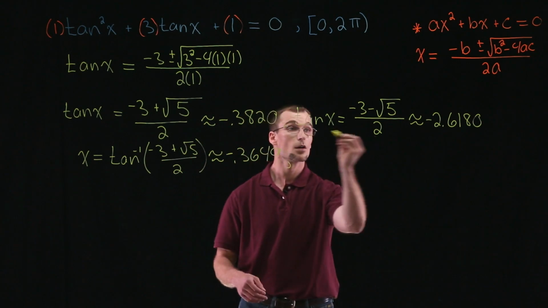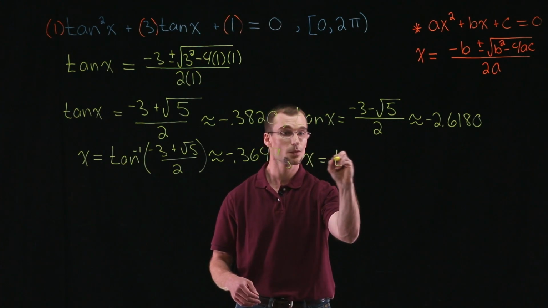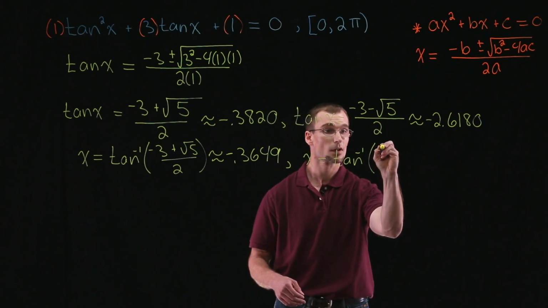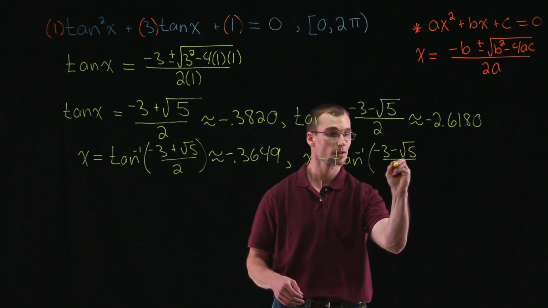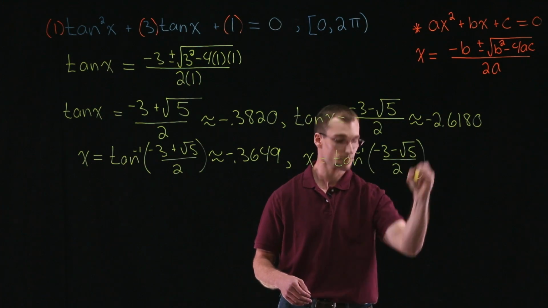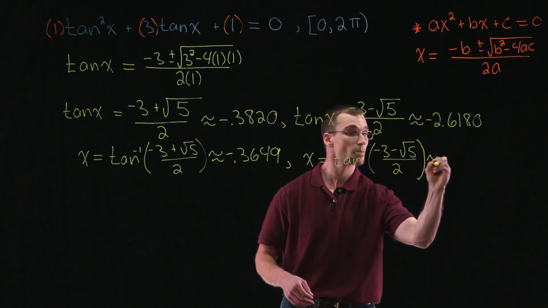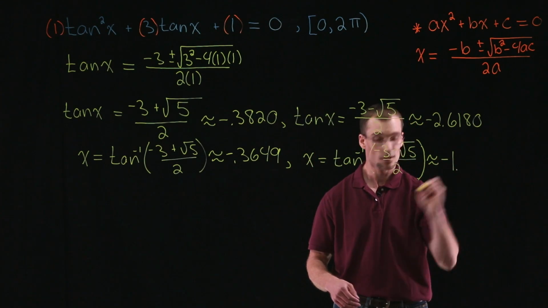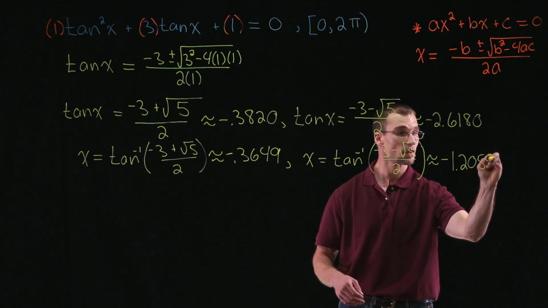And for the solution x on the right side, x is equal to tangent inverse of negative 3 minus the square root of 5 divided by 2, which can be approximated as negative 1.2059.